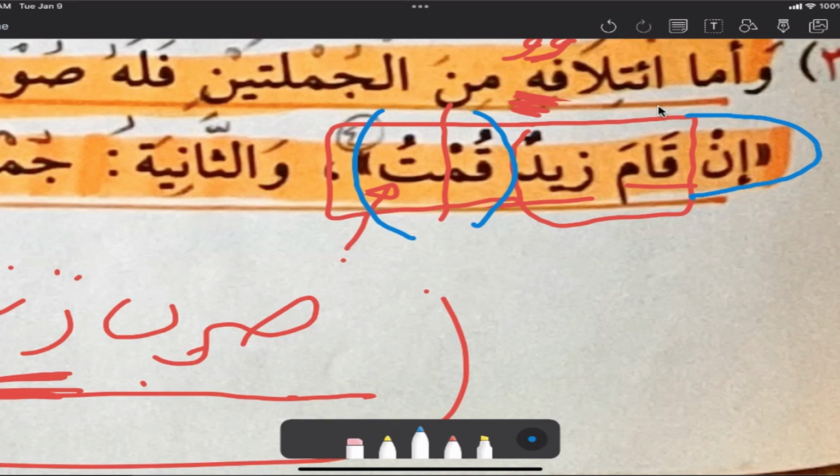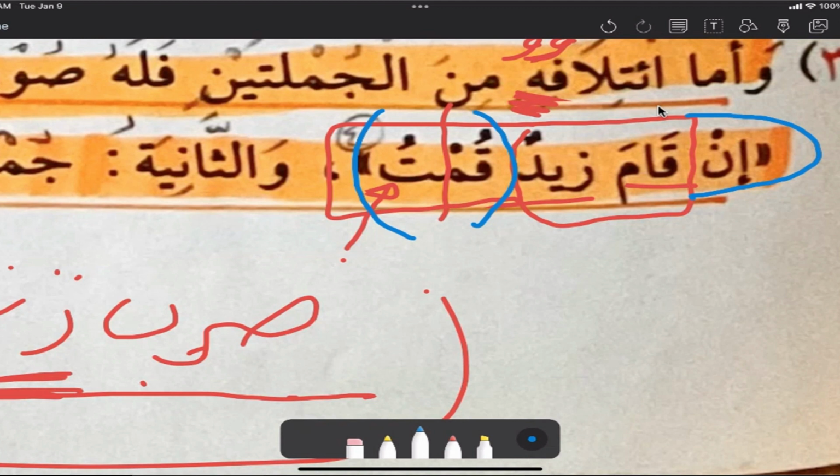It's composed, though, of two clauses. Zayd stood, I stood, those are clauses. One of them is called the independent clause, and one is called the subordinate clause, the one that can't be by itself. One can stand alone, one can't. Those two clauses together make a complex sentence.